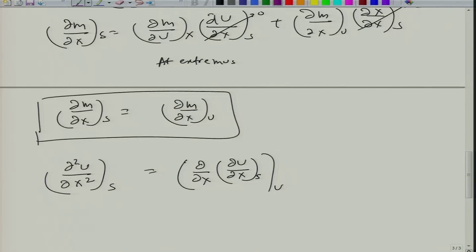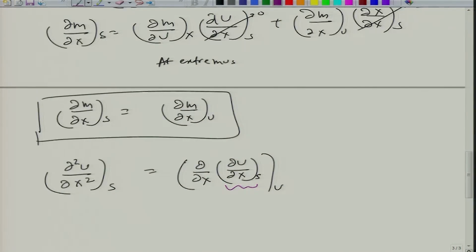So, if you look at this expression on the left hand side, I can simply write del square u by del x square s, that is by definition of m. And now, on the right hand side, which we have derived, this expression is equivalent to this expression, I plug in the definition of m here, which is nothing but del u by del x s, but then u is constant here.